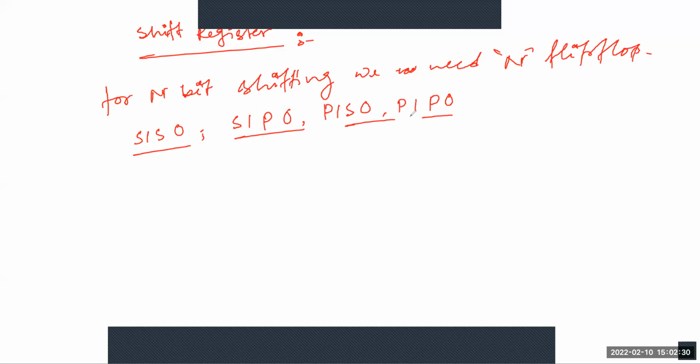First one is serial in, serial out. Second one is serial in, parallel out. Third one is parallel in, serial out, and the fourth one is parallel in, parallel out.